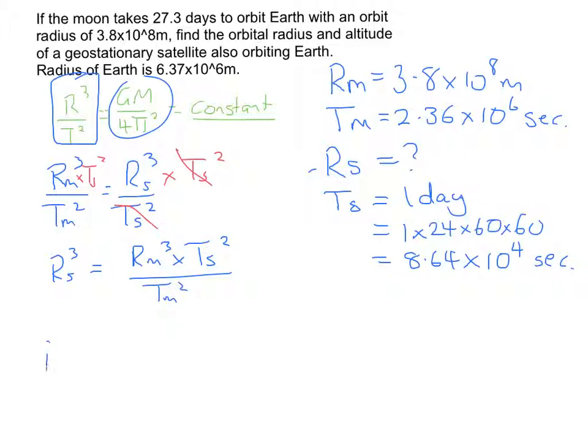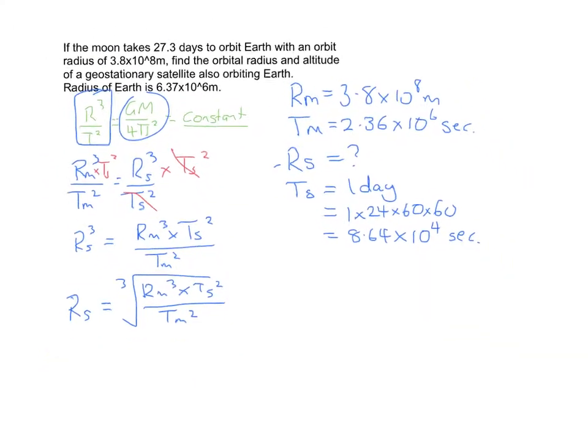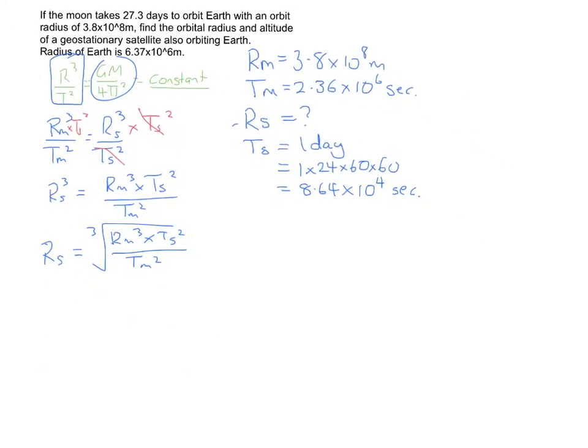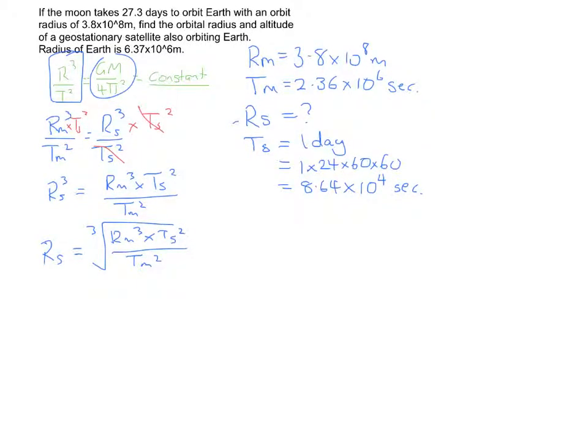The next stage of that is the radius of the satellite will be equal to the cube root of the radius of the moon cubed times the period of the satellite squared, all over the period of the moon squared.